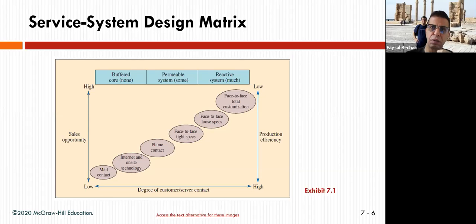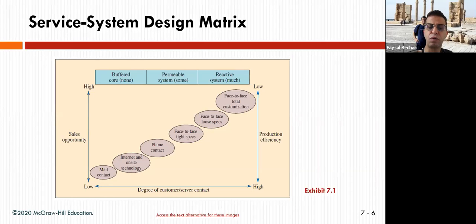You respond to the customer's request accordingly. And this is where you can have a high sales opportunity. And these are how you categorize them.